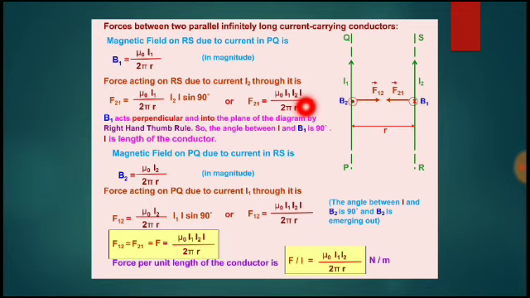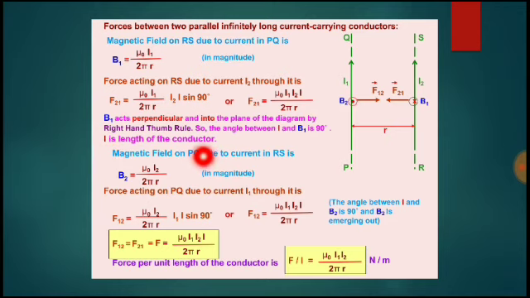The same way, B1 acts perpendicular and into the plane of the diagram by the right hand thumb rule. The thumb rule always gives the direction of the magnetic field. So the angle between the current and the magnetic field is 90 degrees.